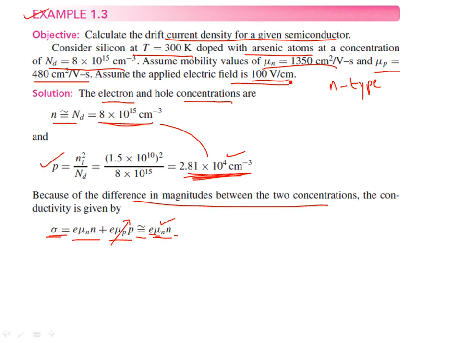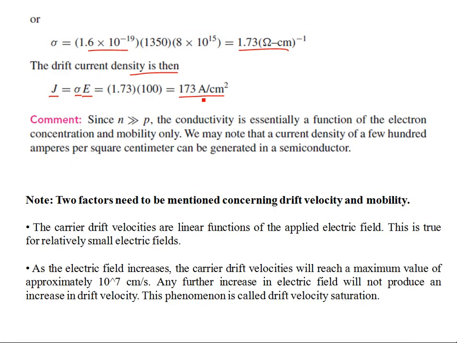So this E field is enough to generate a drift current density of 173 amps per centimeter square in an N-type semiconductor material.